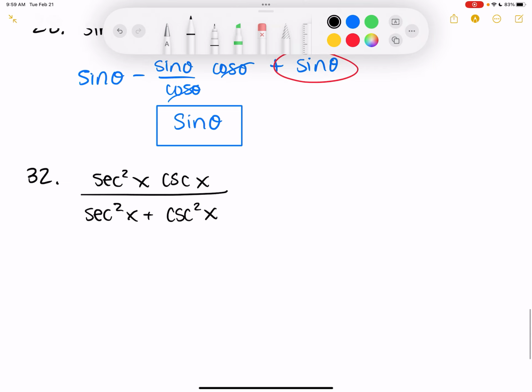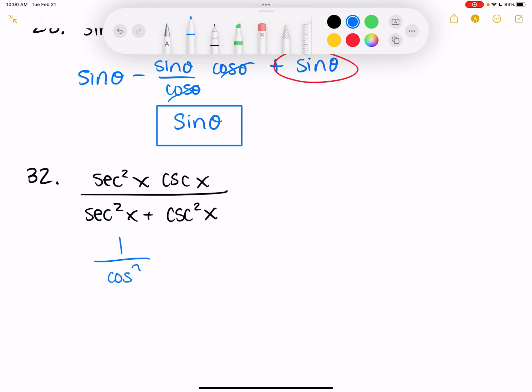All right, how do I do this? Okay. It's got to be written in terms of sine and cosine. That's what the instruction said. So how do I rewrite secant in terms of sine and cosine? It's 1 over cosine squared of theta.